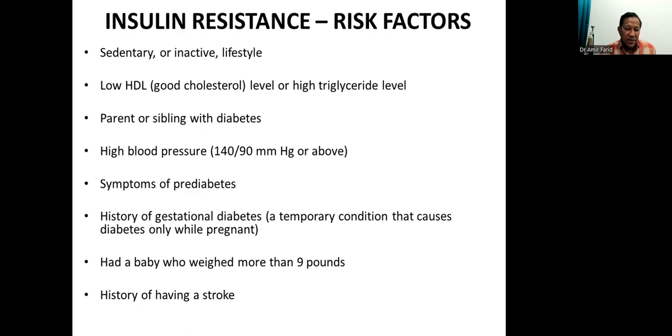You have family history of diabetes, you have high blood pressure, or you already have symptoms of pre-diabetes, that means hyperglycemia. Or for a lady who has a history of gestational diabetes, right? That is, you have diabetes during pregnancy. Or you gave birth to a baby more than 9 pounds, that is 4.54 kilo plus. And also a history of having a stroke. These are some known risk factors for insulin resistance.